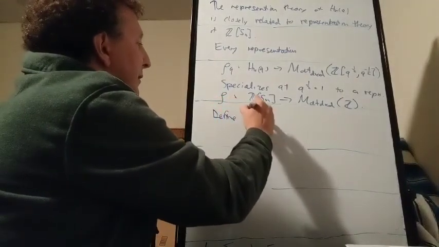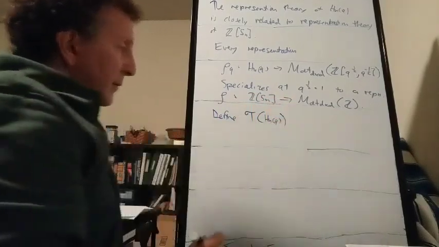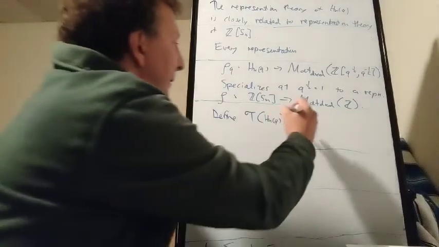Now we define the trace space of the Hecke algebra just like we do for the symmetric group.